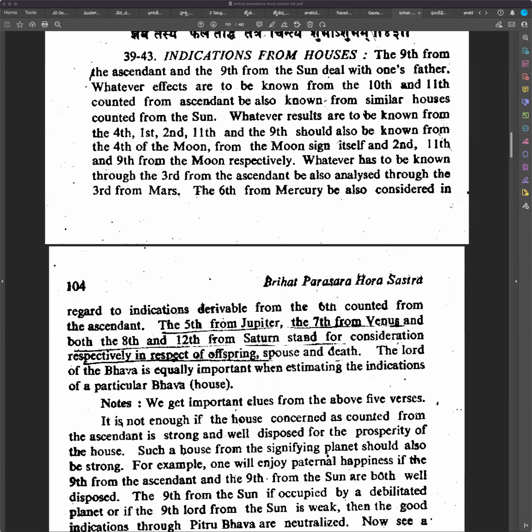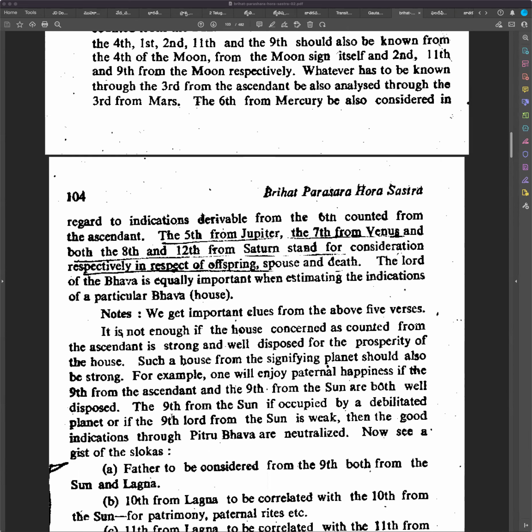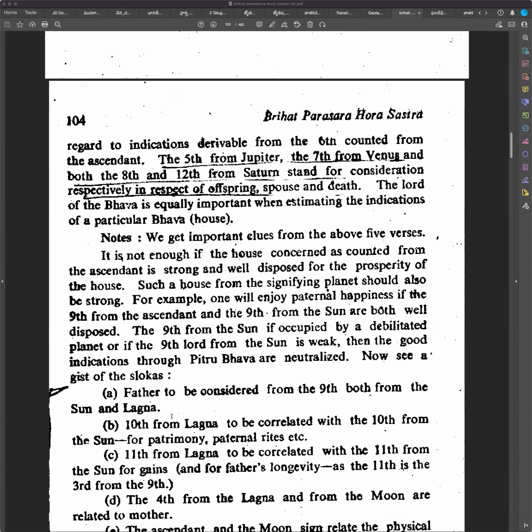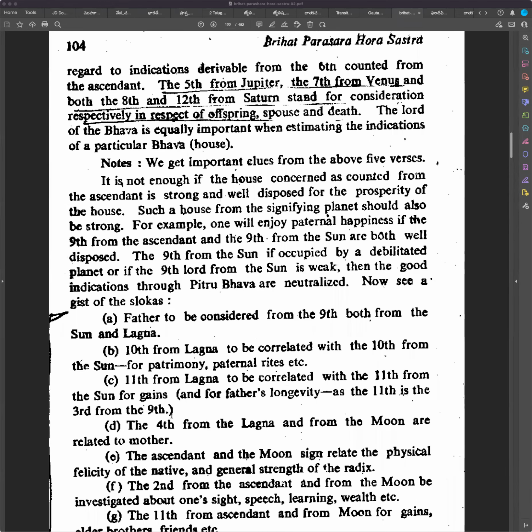So, in this para, he mentioned that we are all checking from the ascendant. We also want to check from the other planets too. Especially for the Sun, he mentioned so many points.